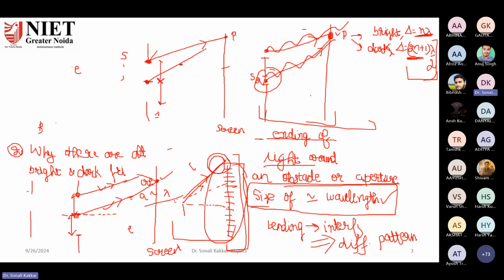So the ray from this point is also reaching point P. When the path difference between these two rays, delta, is equal to n lambda, point P will be a point of bright fringe. But if the path difference between these two rays is an odd multiple of lambda by 2, this point P will be a point of dark fringe.